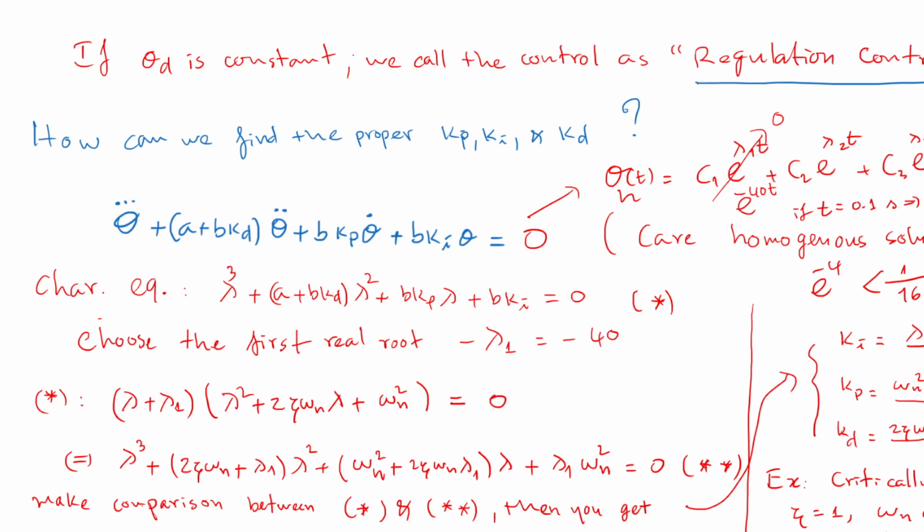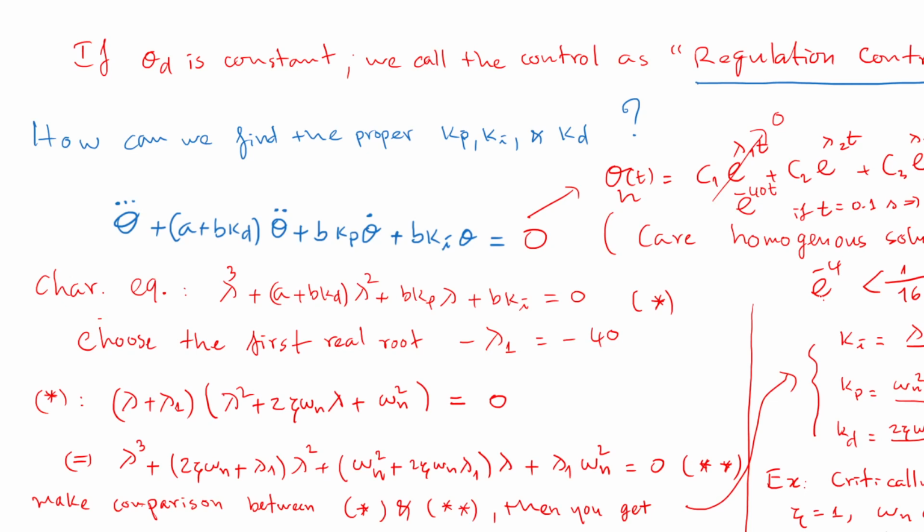Okay, I don't consider C1 yet, I just want to check how fast the exponential term e to the lambda 1t dies out.